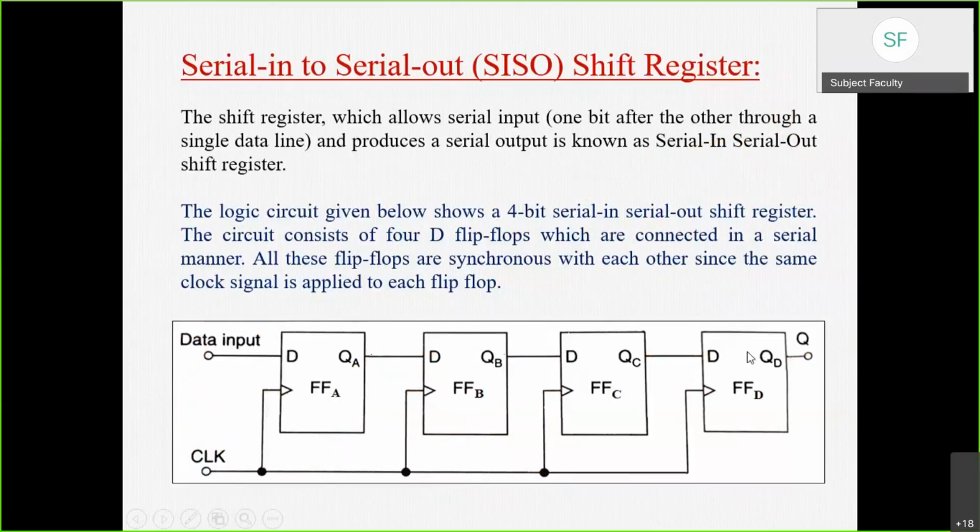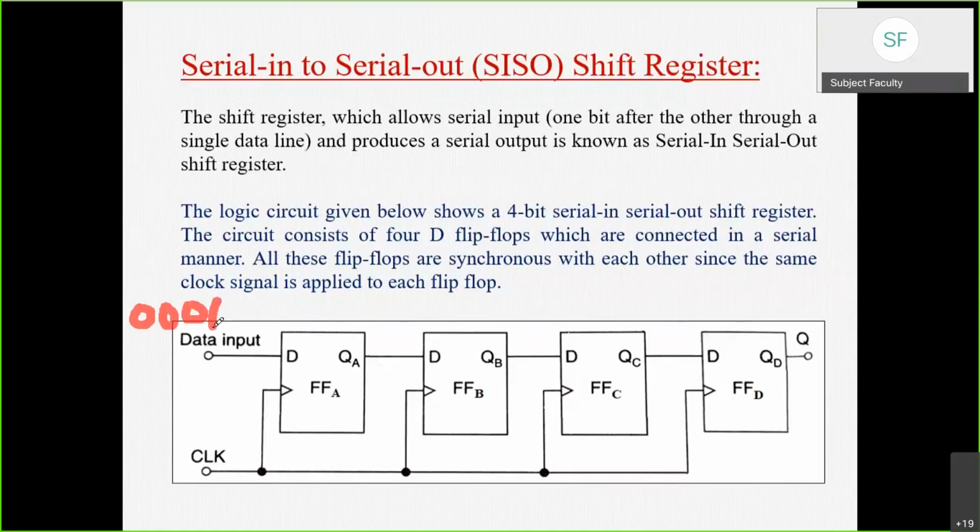Now we will see once more how the data bits move across this shift register. We already discussed it, but we will see it again quickly. Just for the sake of understanding, I am taking the data bits as 0001. Suppose these are my four bits which I want to store first.